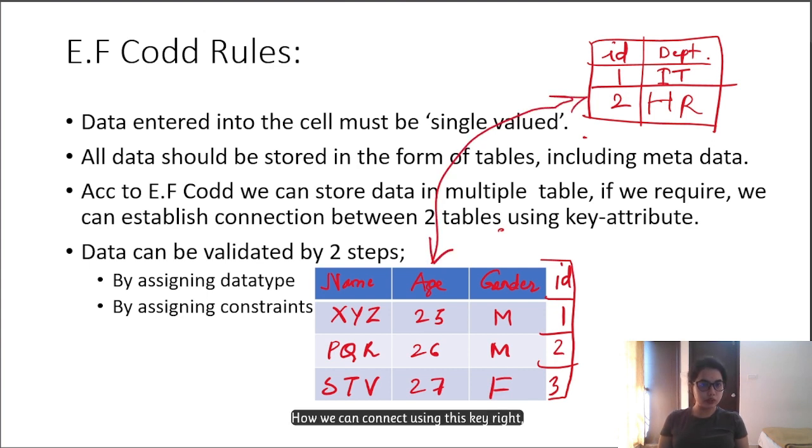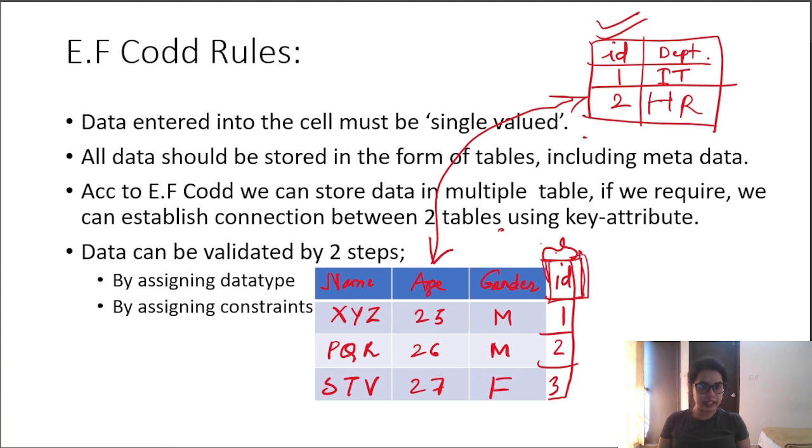Using this key, right? This ID key, right? We can establish a connection between these two tables using an attribute, right? I told you column is nothing but an attribute or property. So using this attribute, we can create a connection between these two tables. So this attribute is nothing but the key attribute.